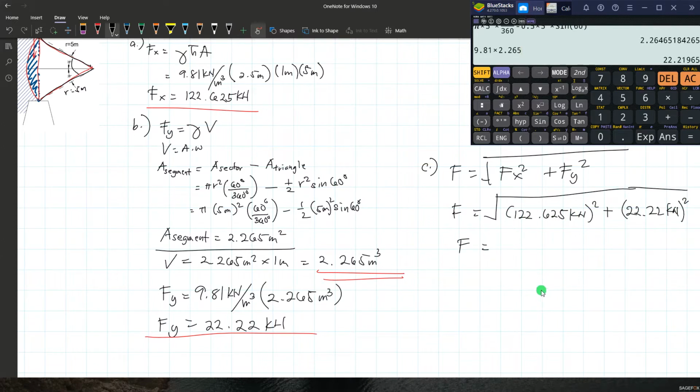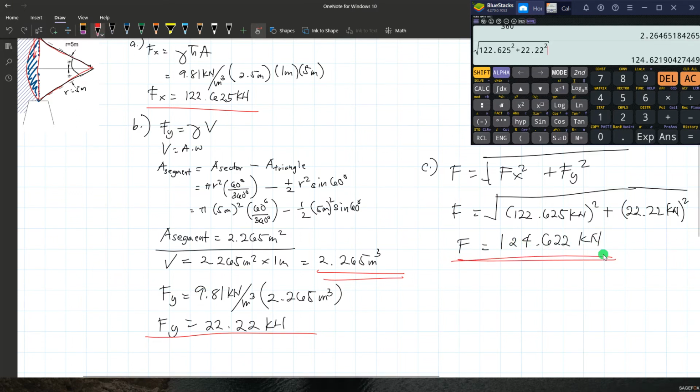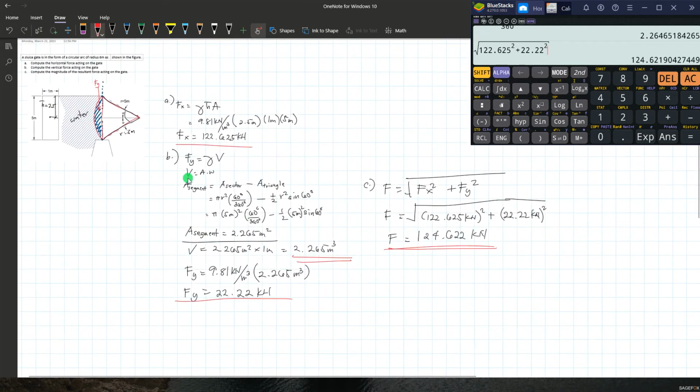So F is equal to the square root of 122.625 squared plus 22.22 squared. That's 124.622 kilonewtons. That's the answer. Okay.